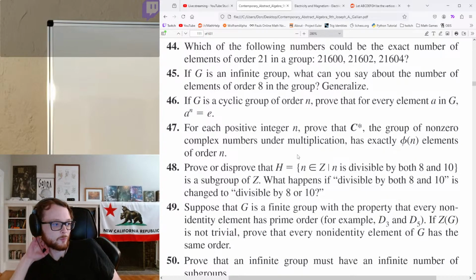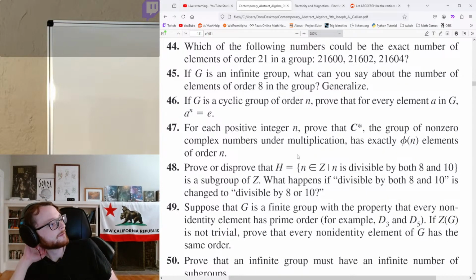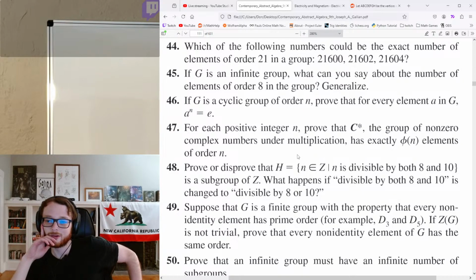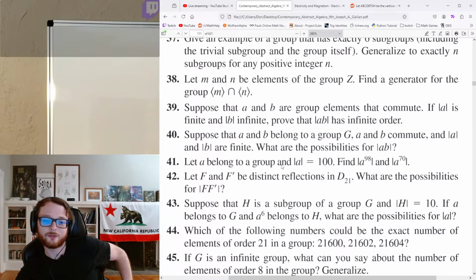I assume it's gonna be something like 1 plus i or 1 minus i. Would we just try it and see if we can make the case that one of them generates C star? Well, isn't C star infinite? Wait. Does this not require a finite group?